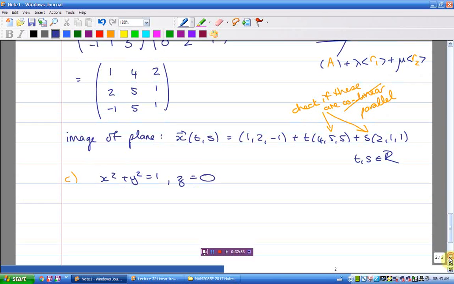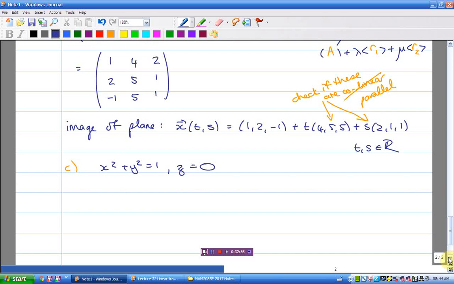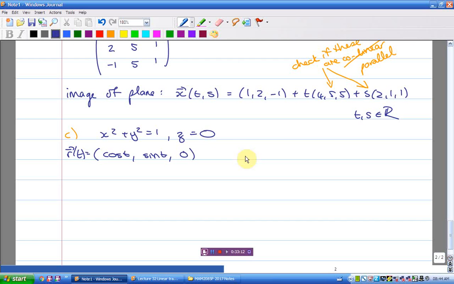We need to turn that into vector form. In other words, we need to parameterize it. So this is cos t, sin t, 0. That is that curve parametrized. I could write it as r of t if I wanted to, t an element of probably 0 to 2 pi. That would make sense.